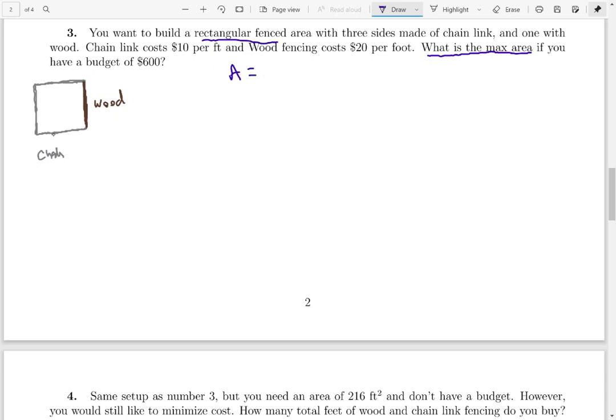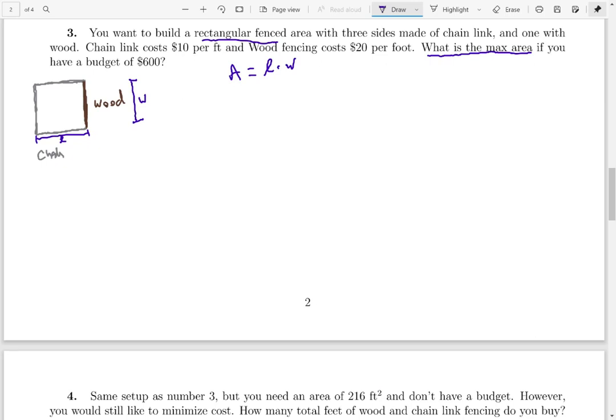To keep myself on track, I'm going to say this side here is my length, and this side here is my width. I want to be careful because the wood is only one of the four sides, so there's some stuff that's going to have to come into play here, and we'll deal with that in a moment. But area is equal to length times width. And so I now have an objective equation.